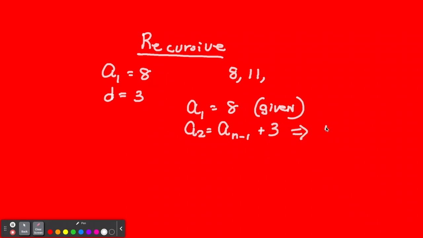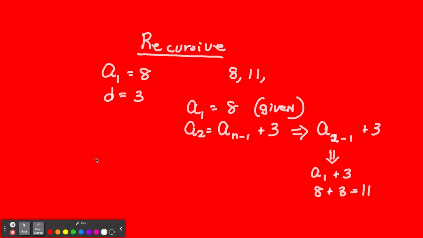And what is that? That'll be a1, right? Because the second term is 2 minus 1. So let's write that. It'll be 2 minus 1, because we're trying to find the second term, plus 3. We'll use an arrow over here. So now it's going to be a1 plus 3, and we know that the first term was 8. So it'll be 8 plus 3, and we have 11.